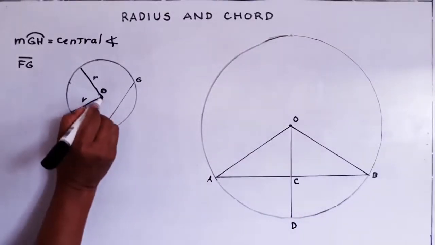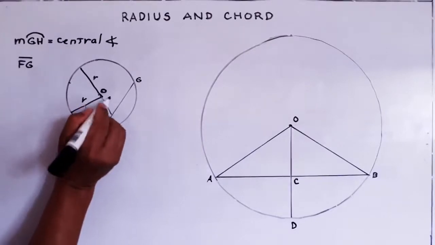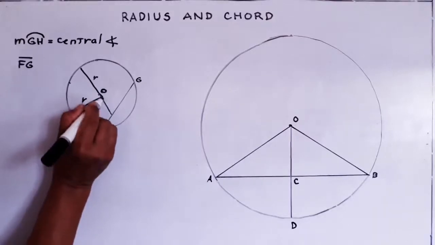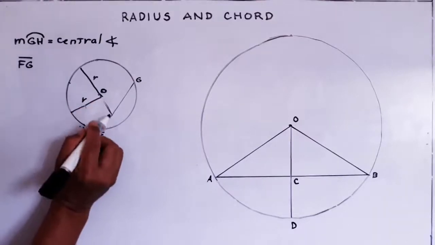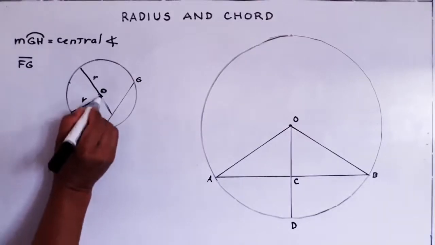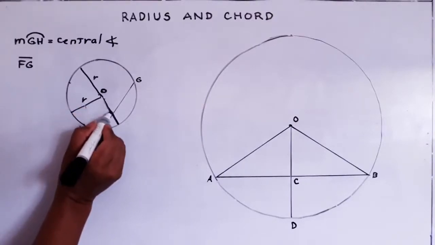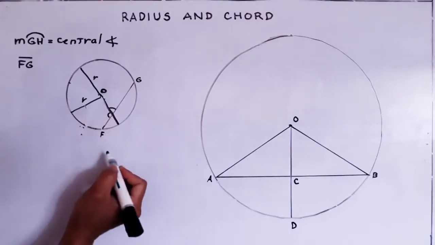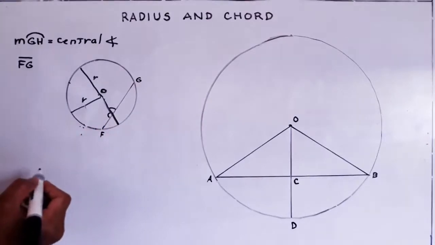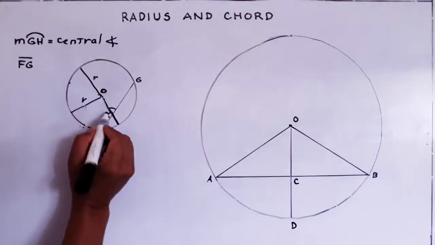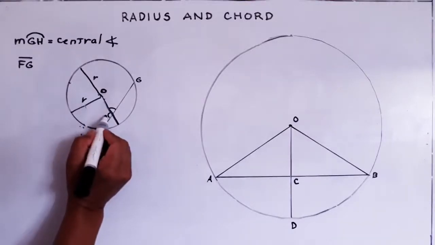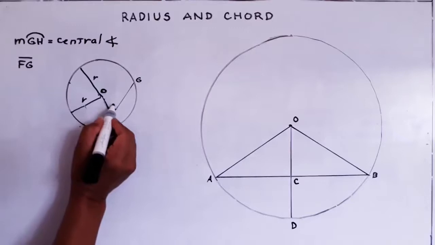Now, if your radius is not perpendicular like this, this angle and this angle here are not equal to 90, because if they are perpendicular, this one will be 90 and the other one will be 90.